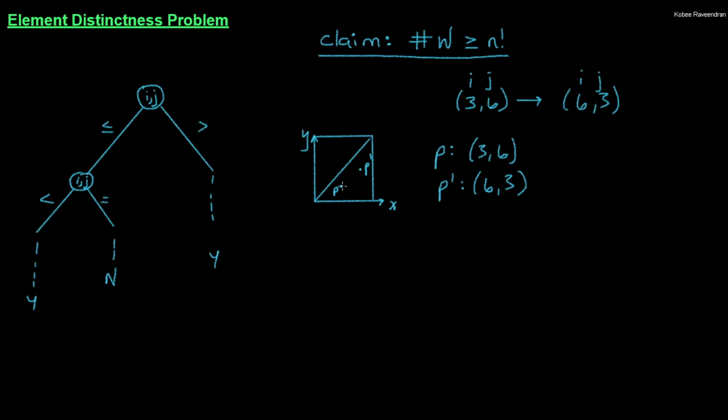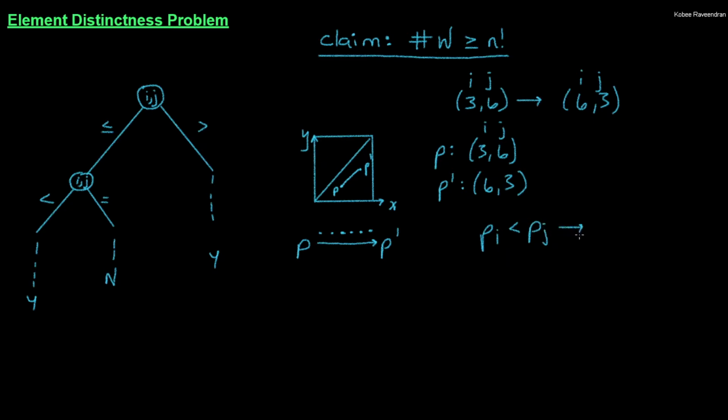So let's draw a straight line between P and P prime. Essentially what we've done is taken P, and we now know that there's a set of points along this line that are also in the region, and those points lie between P and P prime. And now something interesting happens here. I want you to take a look at P and P prime for a sec. With the indices i and j, we see that P sub i is actually less than P sub j, right? 3 is less than 6.